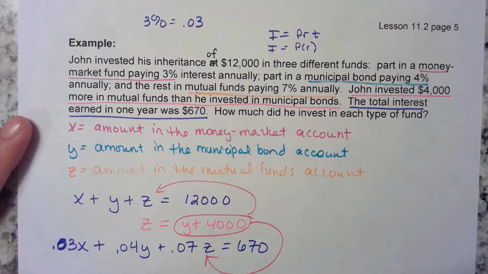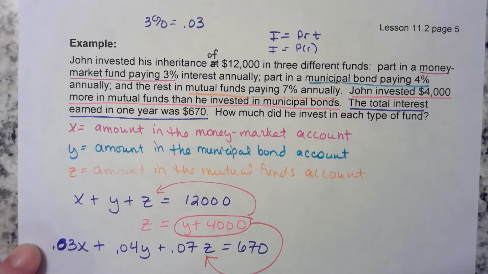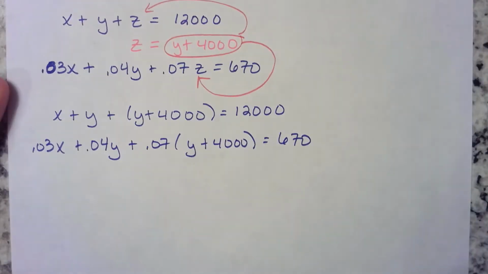So we have X plus Y plus our Z equals 12,000. And we also have 0.03x plus 0.04y plus 0.07 times Z is equal to 670. We just need to clean up these two equations now.